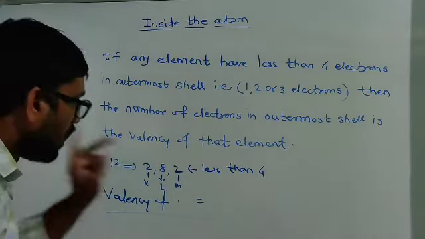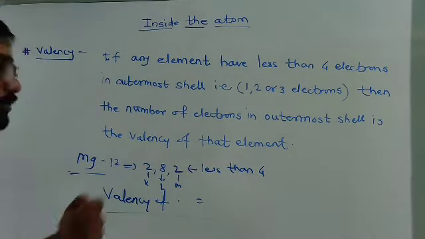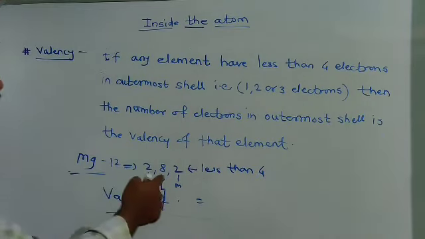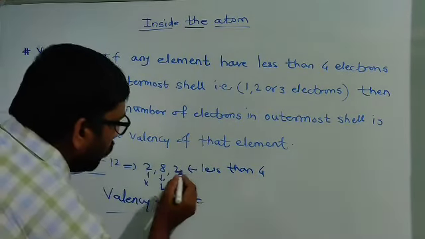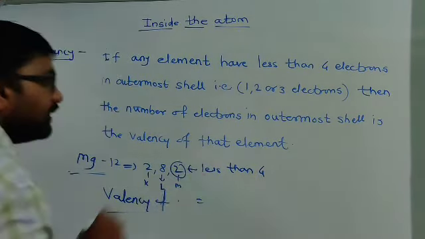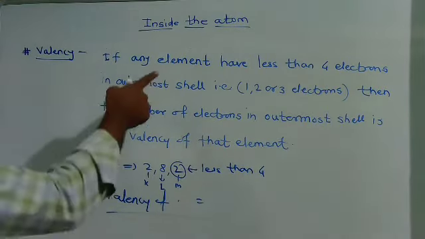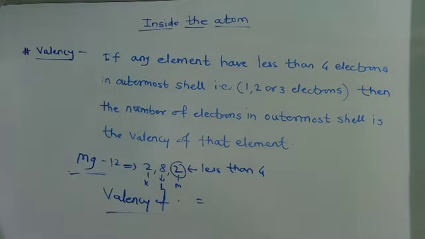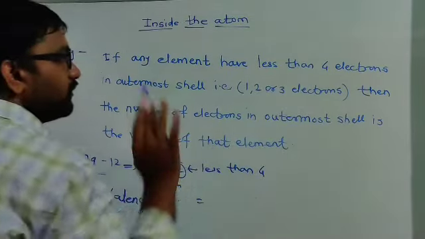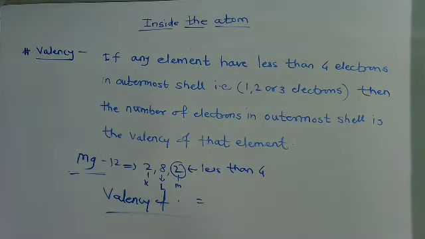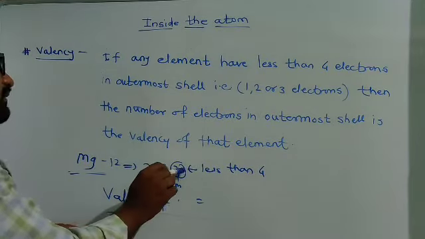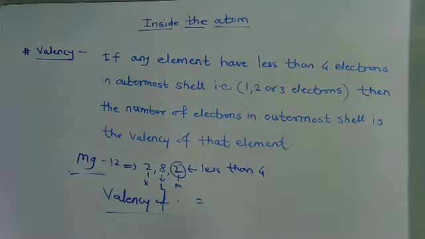So here in the outermost shell there are only 2 electrons, and this 2 is less than 4. We know the rule: if any element has less than 4 electrons in the outermost shell, then its valency is that number of outermost electrons.